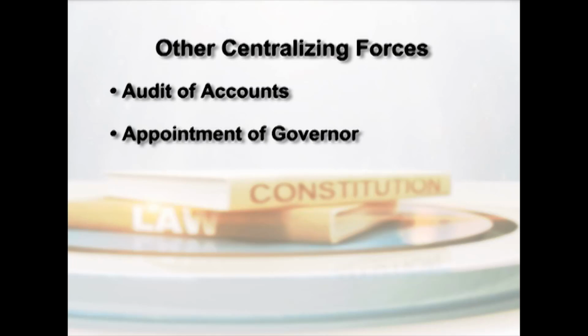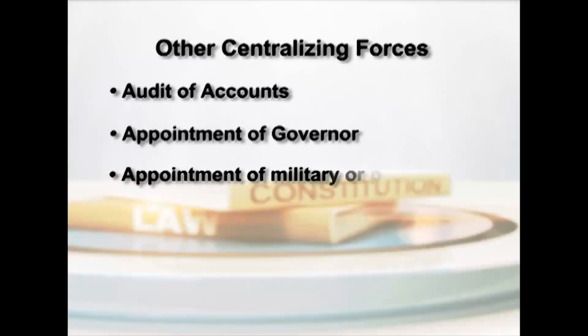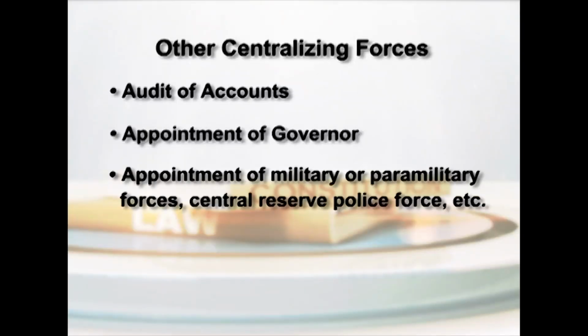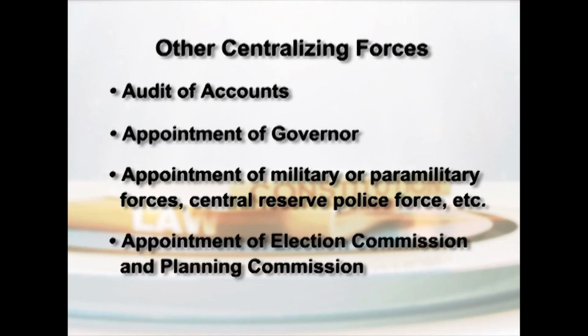In Articles 200 and 201, we find that the governor reserves a bill for the consideration of the president, and the president enjoys discretionary power in this respect. Appointment of military or paramilitary forces, the Central Reserve Police Force, elections to state legislative assemblies, the planning commission. These are some other constitutional and extra-constitutional arrangements through which the center extends its control.